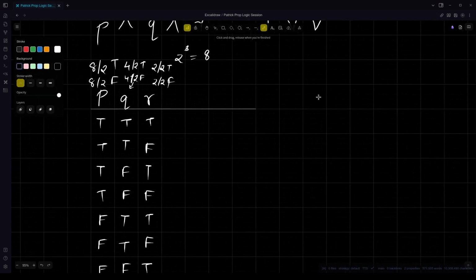So let's say P, Q. Okay. So how many rows will there be? So this one, we've got 2 variables, so it's 2 to the power of 2, which is 4, yeah? And this will be 4 by 2 trues and 4 by 2 falses.